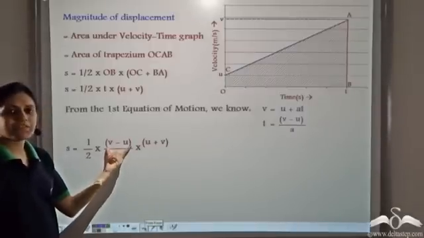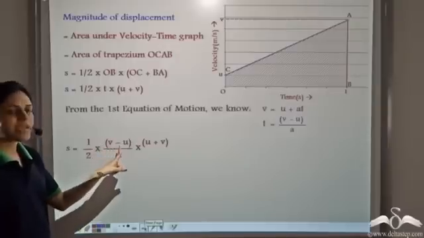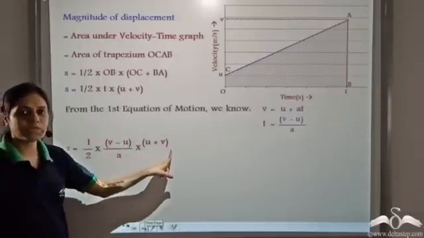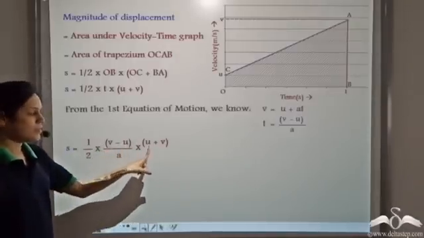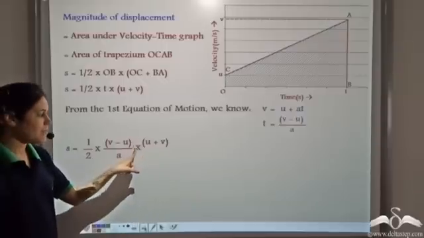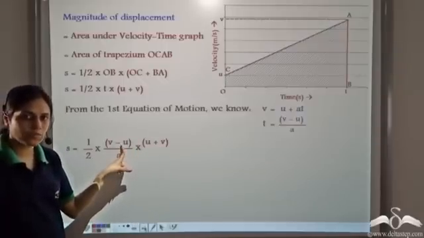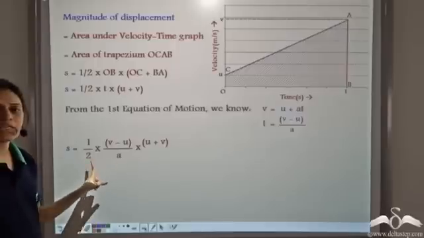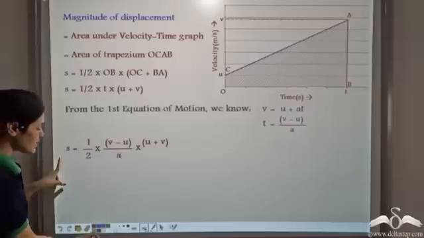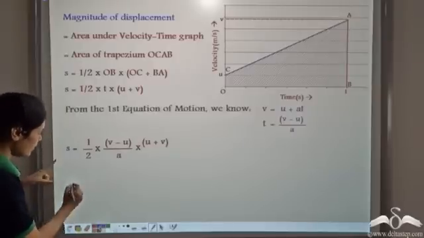Now let us simplify this. V minus U into U plus V. We know that A plus B into A minus B gives us A square minus B square. We have 2A in the denominator, so let us multiply both sides by 2A.